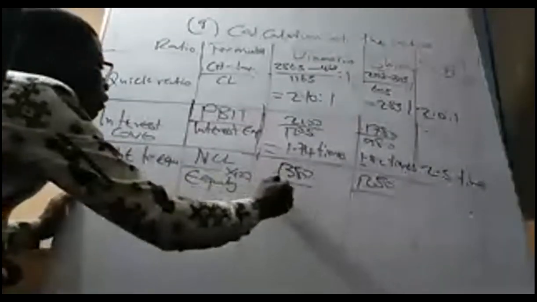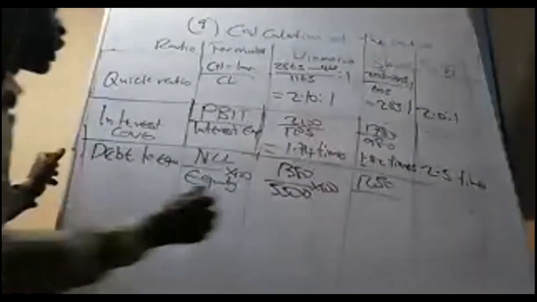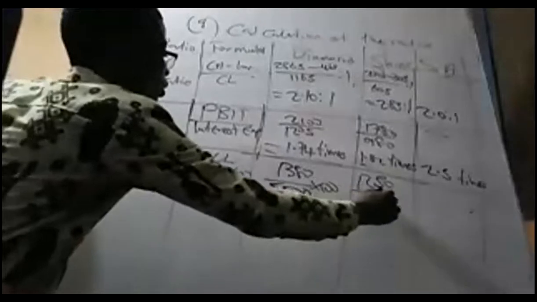Now let's go and pick the equity. Equity is 5,500. Yes, equity, 5,500 times 100. Equity over there is 4945. Kindly confirm for me. If they are correct, kindly give me the answer so that we move on.